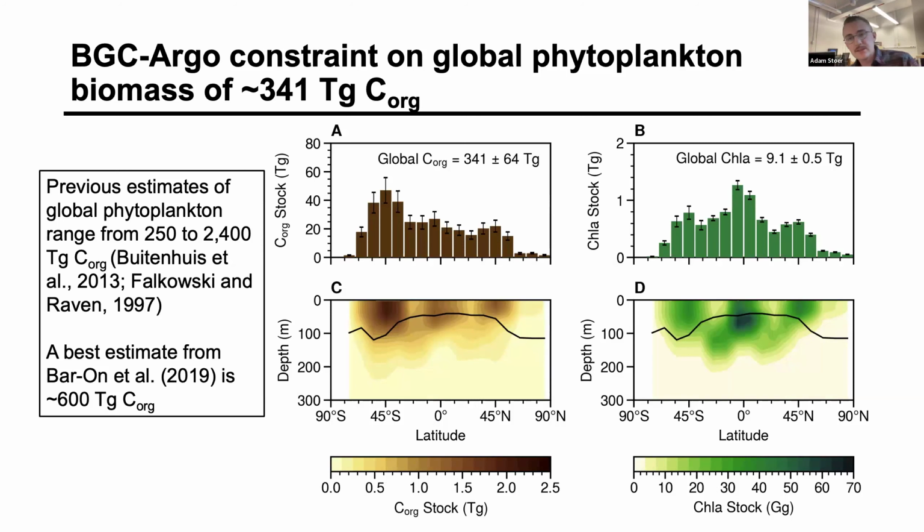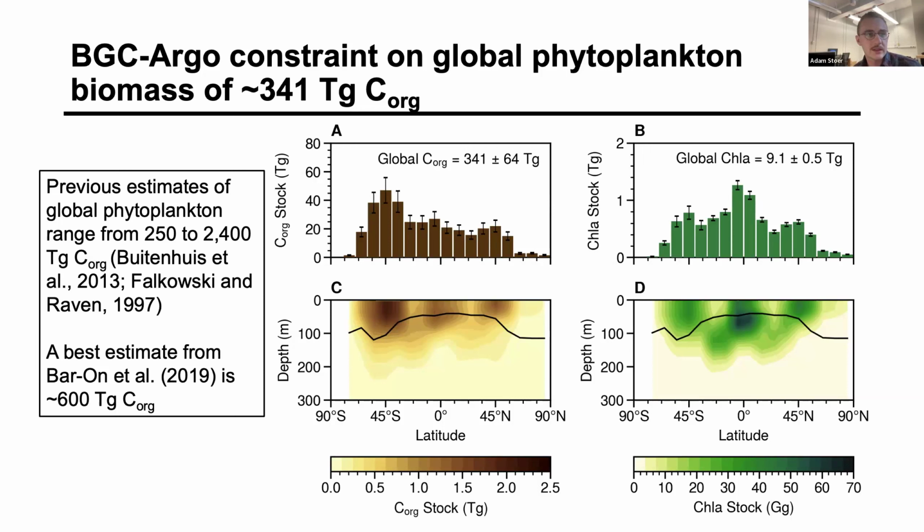And part of that uncertainty that has come before was because we didn't really know what the ratio of chlorophyll to carbon was, or it came from shipboard measurements, which are relatively sparse, and there's more uncertainties involved with that. And then if you compare this to the most recent estimate from Barn and colleagues, they give a best estimate of about 600 teragrams.